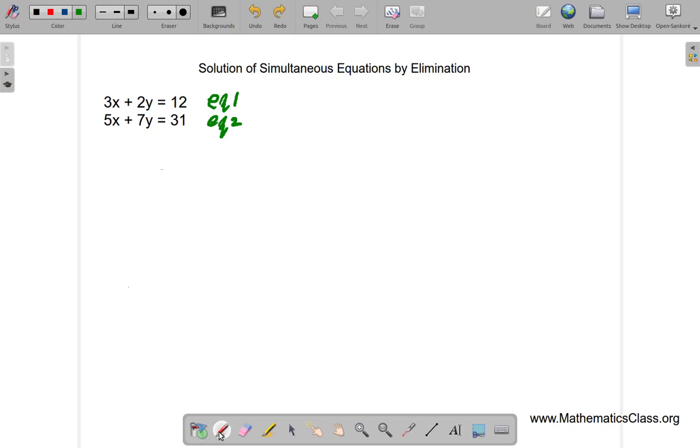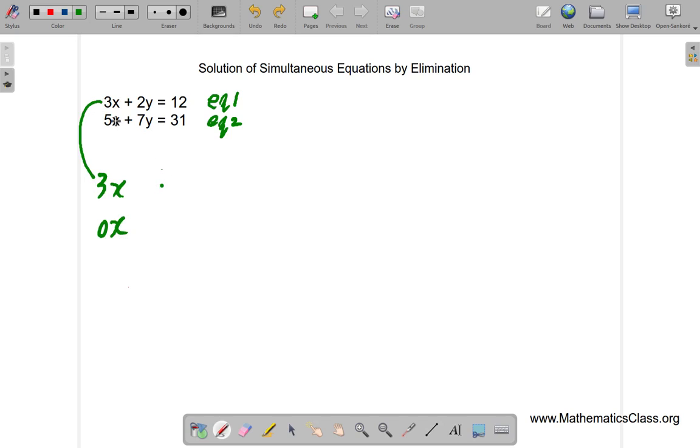Let us see if we can form a new equation with a 3x in it. If we have a 3x down here, then we could take this 3x up here and this 3x down here and subtract them to get a 0x.